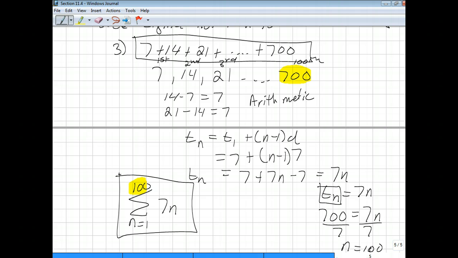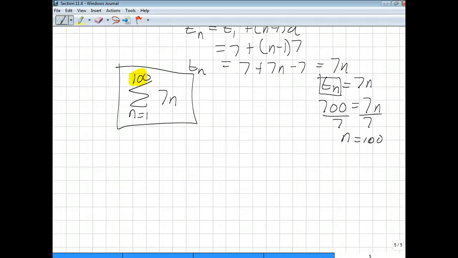Right? Let's try another one. Let's try this one, number 4. Okay, so I have 1/3 plus 2/3 plus 1 plus 4/3 plus 5/3 plus 2. All right.